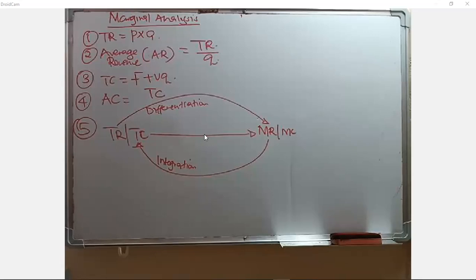If, in some questions, the examiner asks for the marginal revenue and has given you the total revenue function, you just need to differentiate. Differentiation is concerned with the rate of change of the slope of a curve.